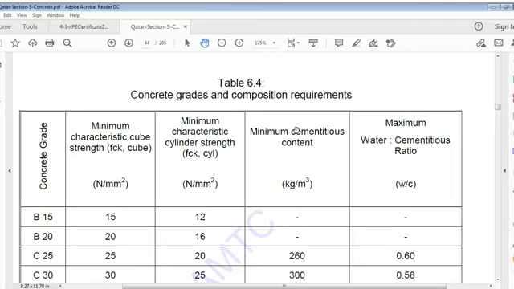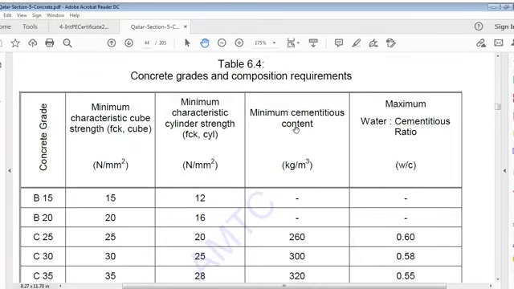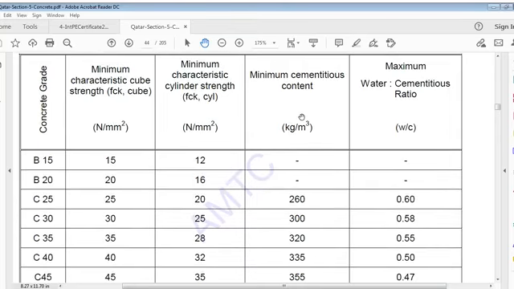So concrete grades and composition requirements are: concrete grade, then minimum characteristic cube strength fck cube in Newton per millimeter square, minimum characteristic cylinder strength fck cyl in Newton per millimeter square, minimum cementitious content in kilogram per meter cube, and maximum water cement ratio. Now let us see what it says. C15, that is 15 Newton per millimeter square minimum characteristic cube strength, and minimum characteristic cylinder strength is 12.